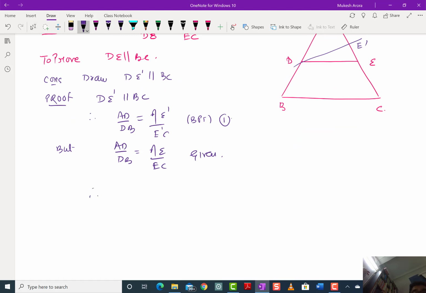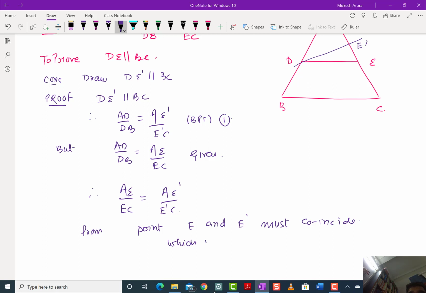So, therefore, AE upon EC should be equal to AE dash upon E dash C. From here, points E and E dash must coincide, which is not possible otherwise, therefore DE is parallel to BC. Hence proved.